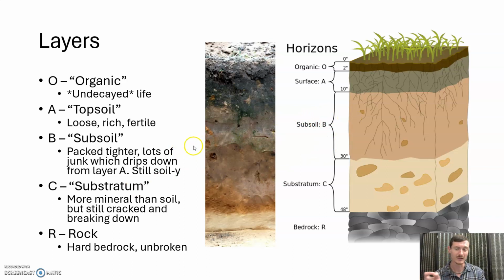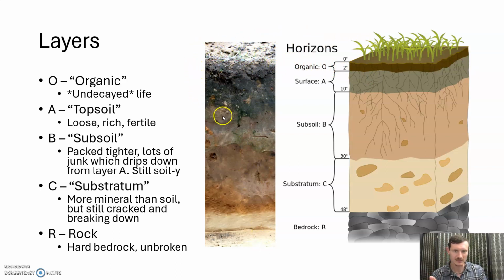And then finally, if you keep going all the way down, we get to the R layer. R stands for rock. So here we got hard rock, tough. If you imagine a slab of concrete down here, that's not really correct, but it's probably the right mental image. And we can go back and forth between our real picture and our horizons. So our top, maybe 2 inches, our O would be somewhere in here.